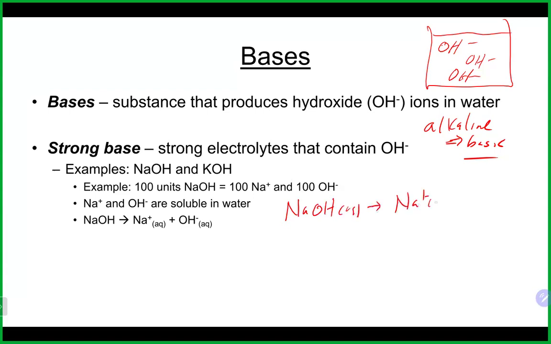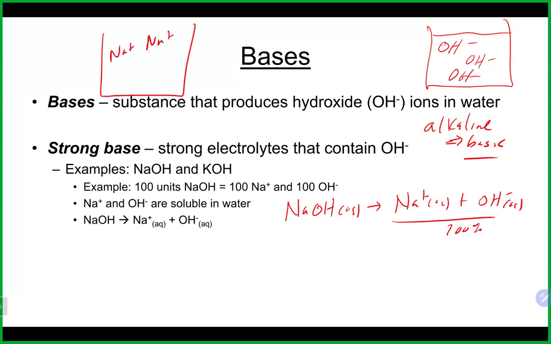When it goes for a swim, it's going to break apart completely into these ions. And once again, you will have a lot of sodium ions, but more importantly for the pH, you'll have a bunch of hydroxide ions in that solution really quickly. And again, that's going to make it really, really basic because it's able to produce a bunch of OH minuses.